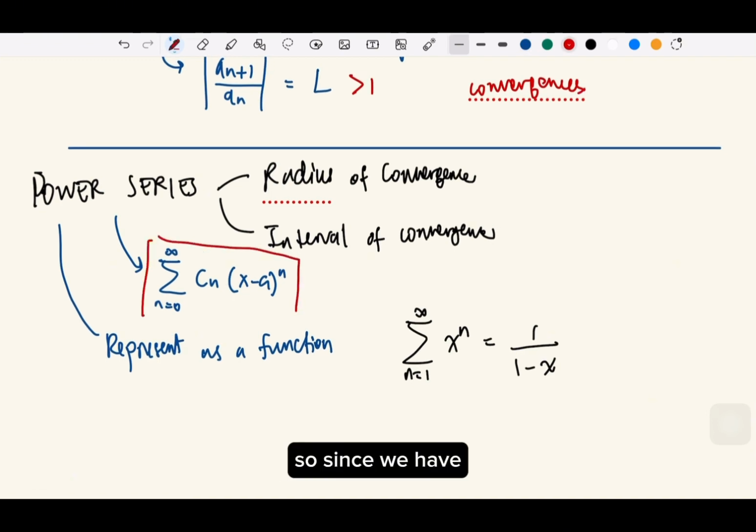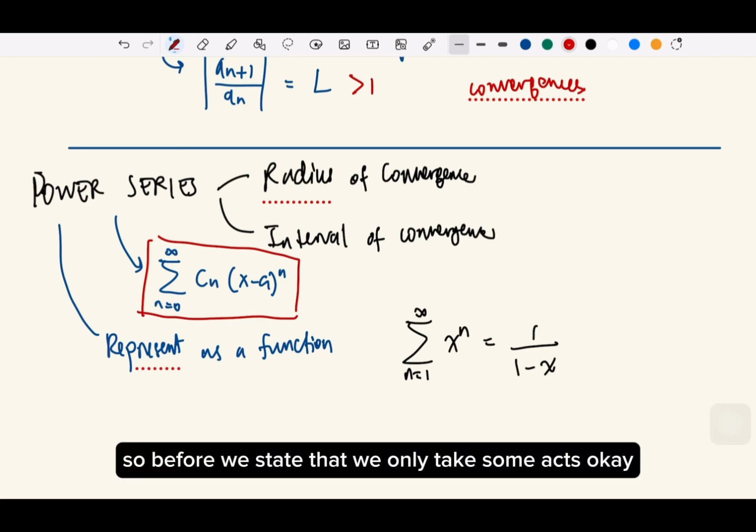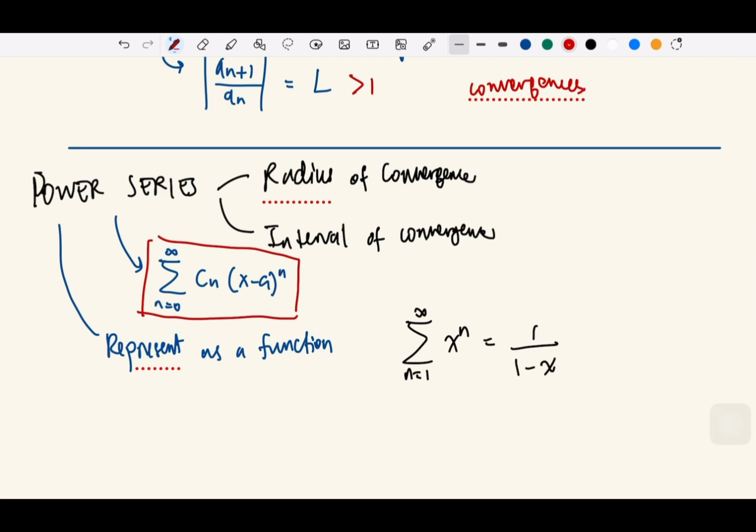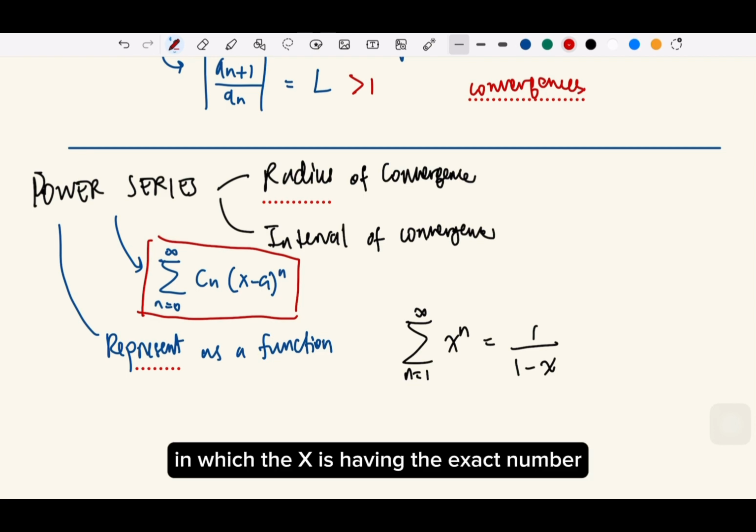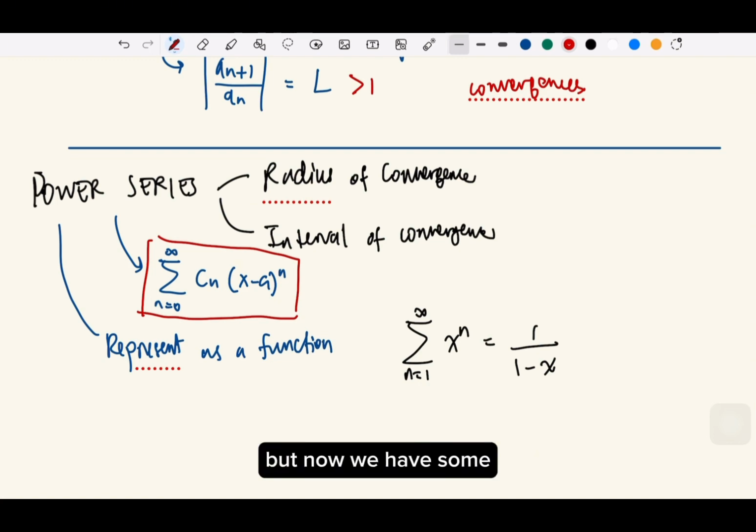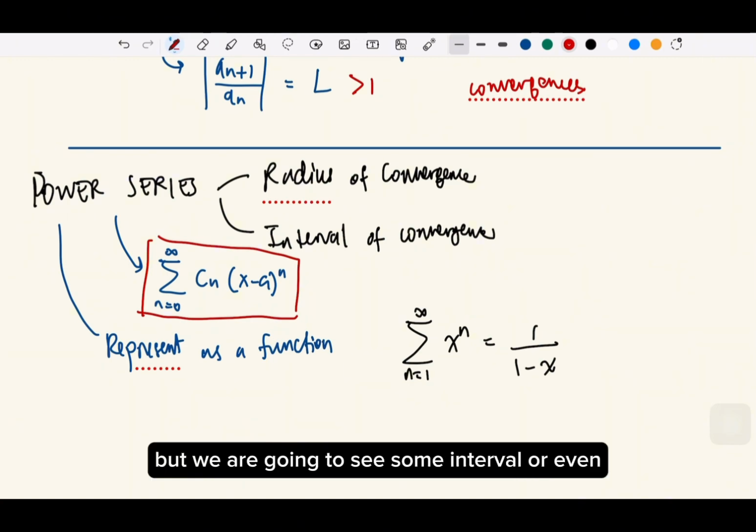So before, we only took some x in which the x is an exact number, but now we have some sort of distance. So it's not really just one x, but we are going to see some interval, or even within the interval we see the radius.